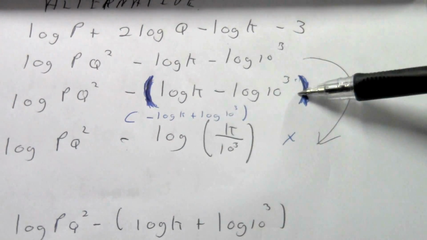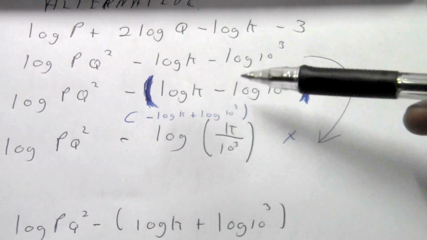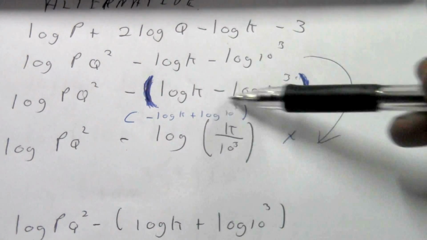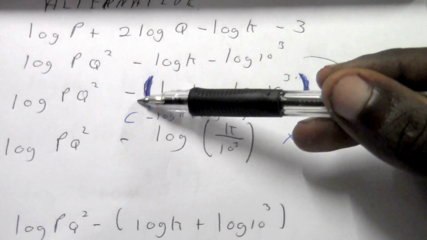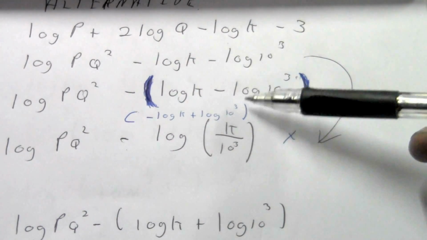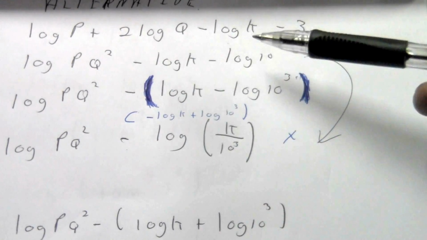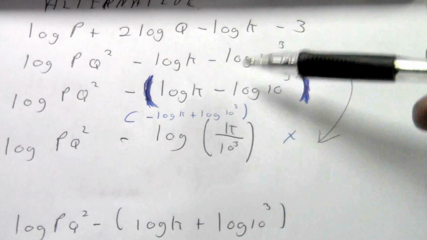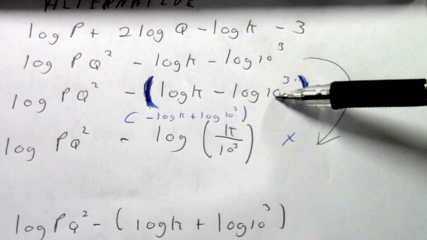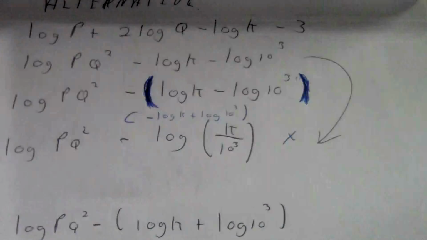But if you expand this, you will get minus log k plus log 10 to the third power. And this is not what the question is actually saying. It's saying minus log 10 to the third power. So going from this step to this step is not valid, because this is this and this is not this. Okay.